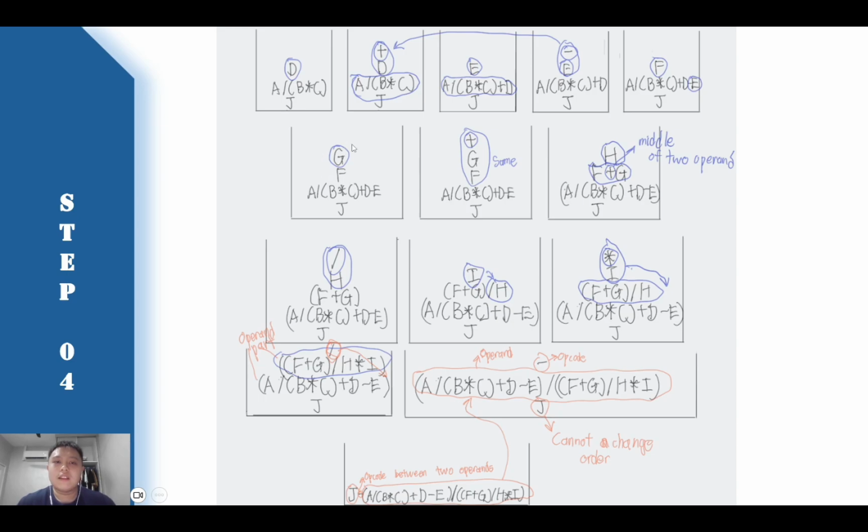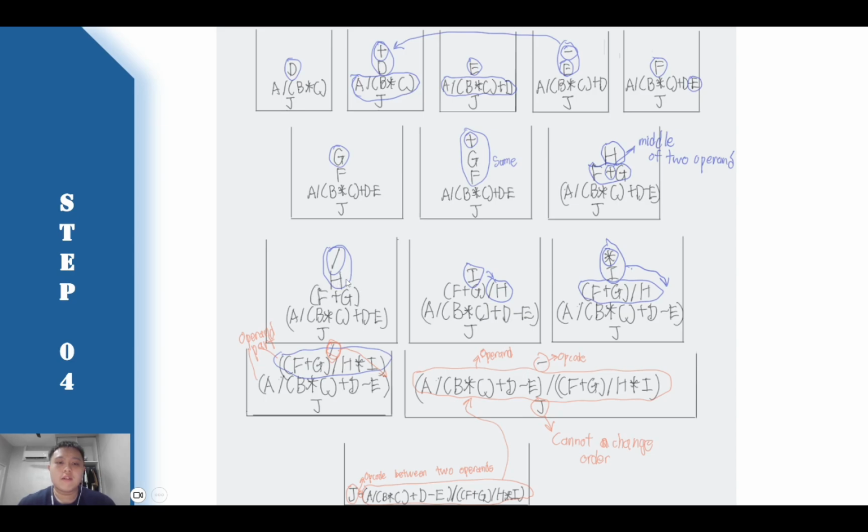When you meet two operands and haven't met any opcode yet, that means if you next meet an opcode, you have to use these newest two operands to combine with the given opcode, like F and G. The opcode will become their middle part. As you write F, we cannot change the order: F add G, and then push H inside. Also, we haven't met any opcode yet, right? After this step, we meet divide as the opcode, and then two operands, right?